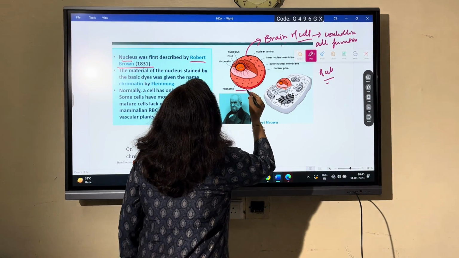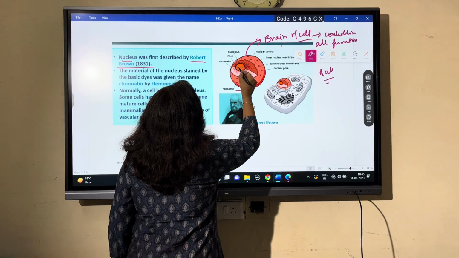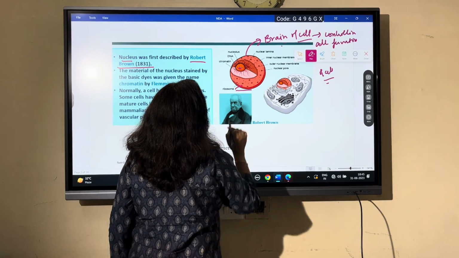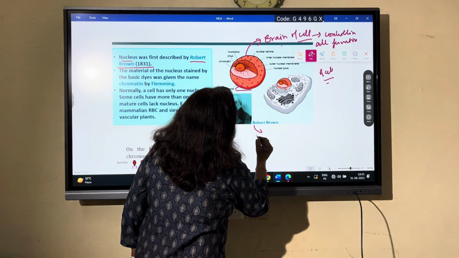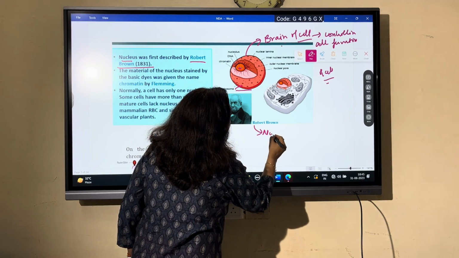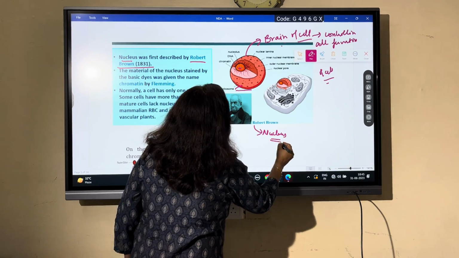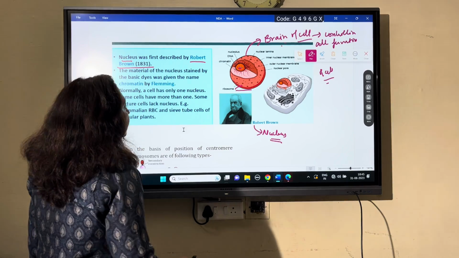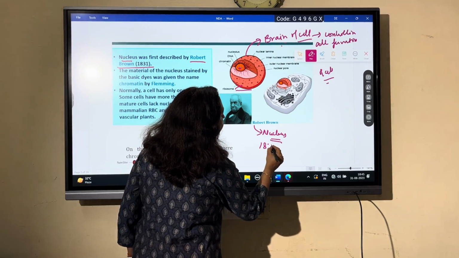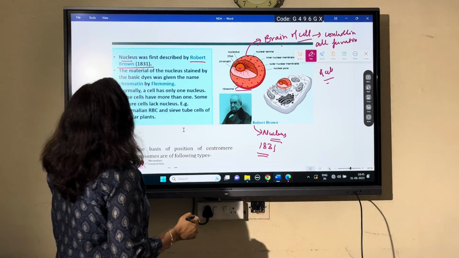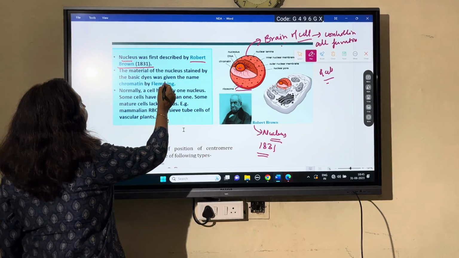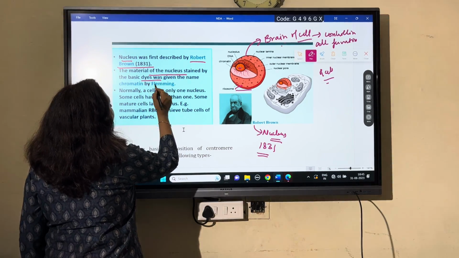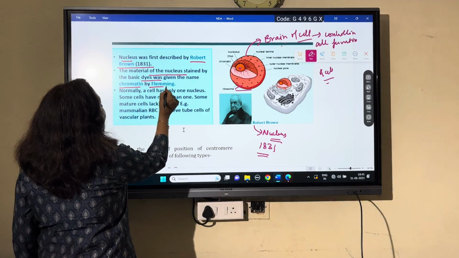You can see this is the nucleus, this is the DNA material, this is chromatin, and ribosome is present. Robert Brown discovered the nucleus in 1831. The material of the nucleus was stained by basic dyes and it was given the name chromatin by Fleming.